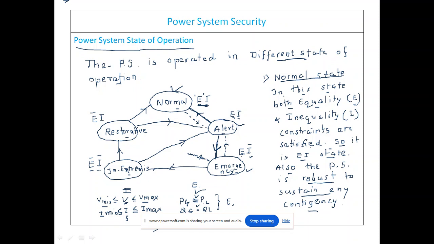If corrective action is not taken, then the power system may switch to the in extremis state. This is the in extremis state. Okay.